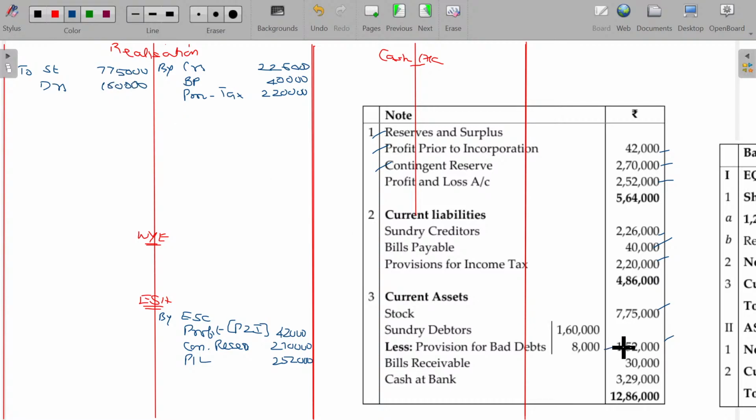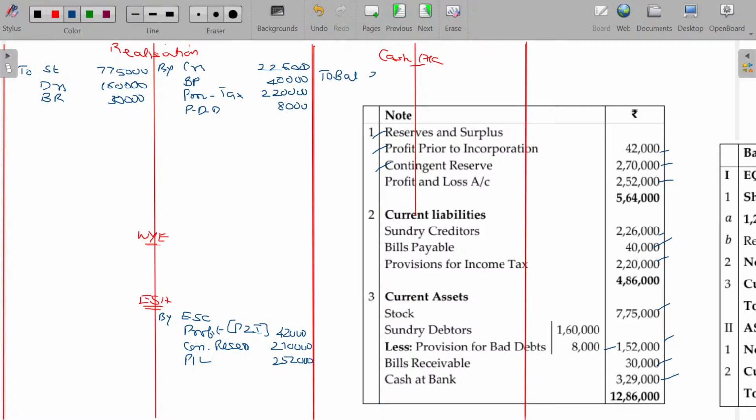And provision for doubtful debt should be on the other side. Always remember, in case of any provisions for any assets, the asset should be shown at its original value. Any provisions on that should be posted on the other side. So here provision for bad debt being 8,000, BR being 30,000, and cash and bank, we have a cash and bank account, so we can directly write here to balance.